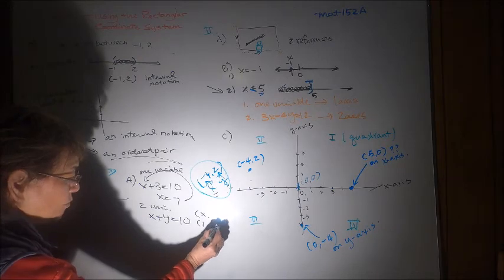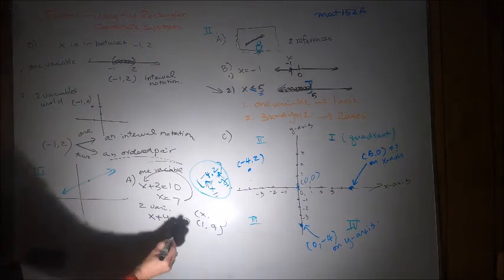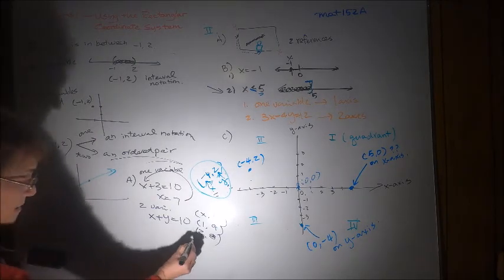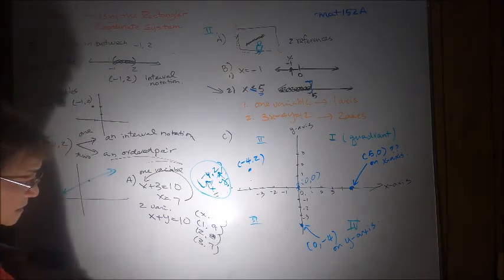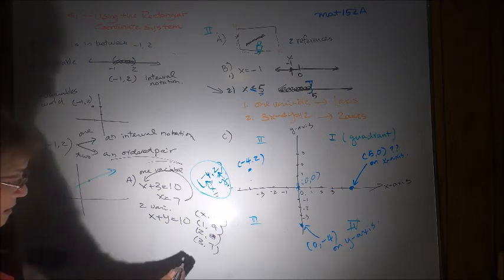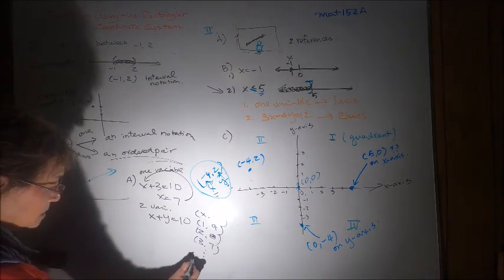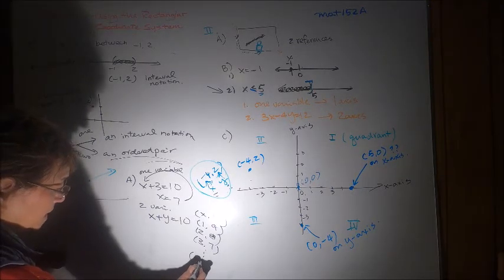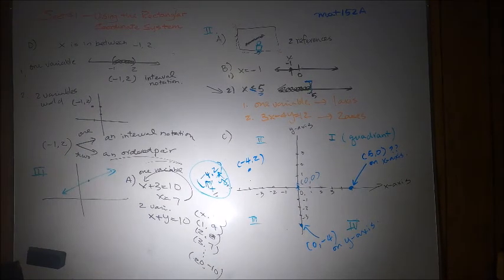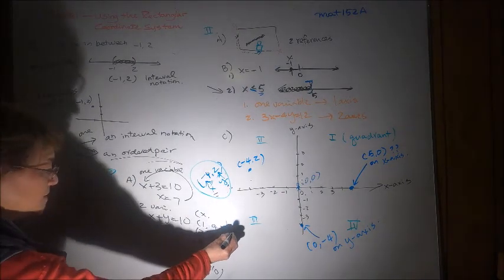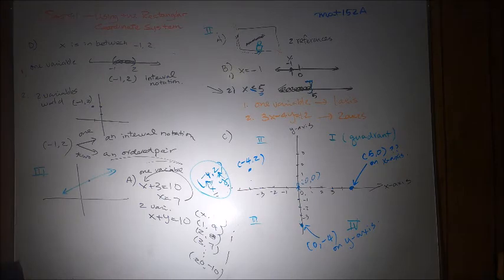Will 1 and 9 work? 1 plus 9, yes. 2 and 8 work? Yes. 3 and 7 work? Right? So how many do you have? Can I use, say, 20 and negative 10? Would that work? 20 plus negative 10 is still 10, right? So how many answers do you have? Tons of them. Many, right?